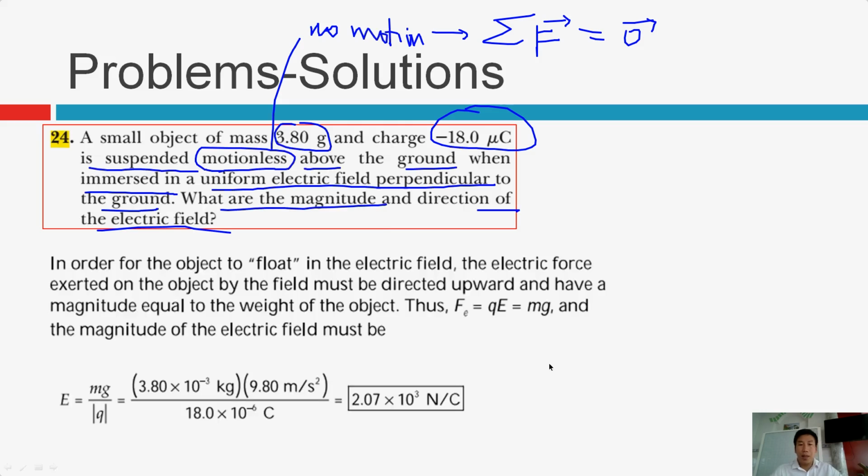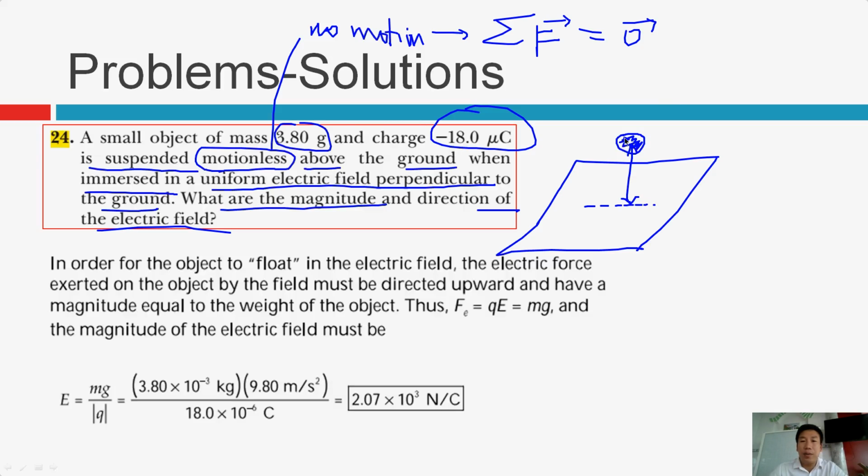So the question here is, I assume that this is the ground, right? And you have a matter here that keeps a distance from the ground. It does not move.